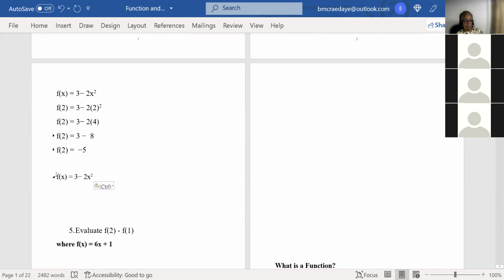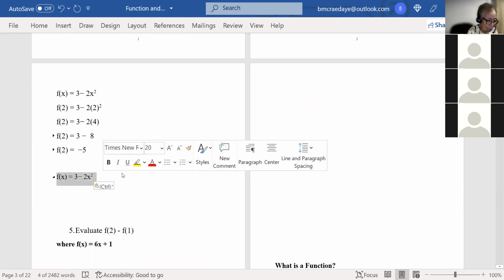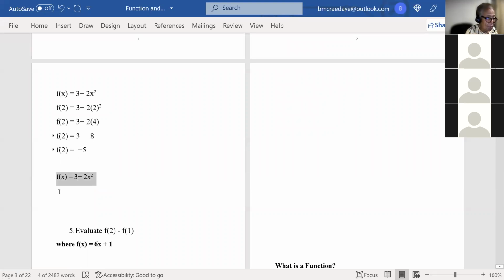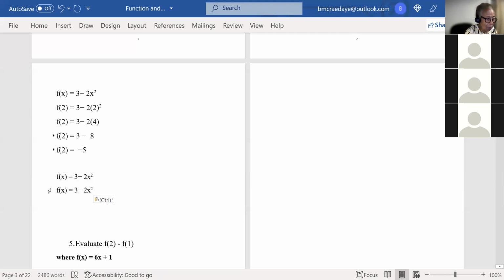This is F of minus 4. Wherever you see an X, you want to put a minus 4, right? So put your minus 4 here and then square it.